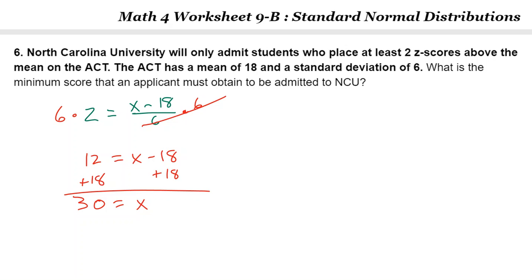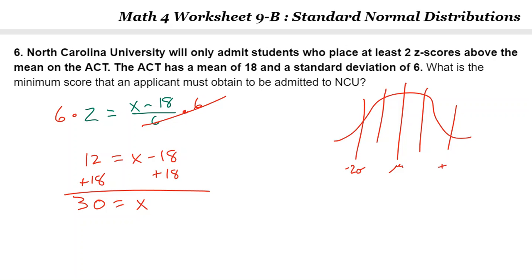I also wanted to comment that, if they're talking about 2 z-scores above the mean, that's 2 standard deviations. Now think about it. Under your normal bell curve, once you got to 2 standard deviations on either side, this is where 95% of the data is supposed to live, which means you've got 5% left on the outside.